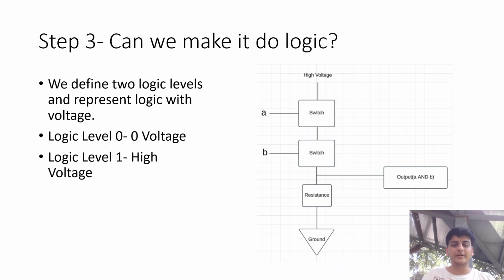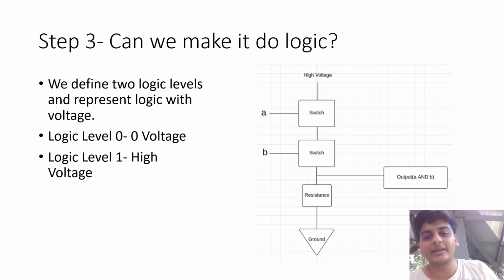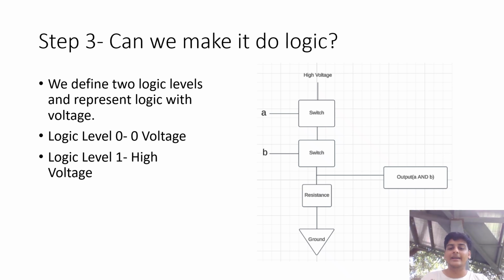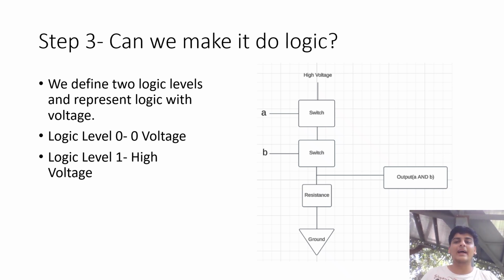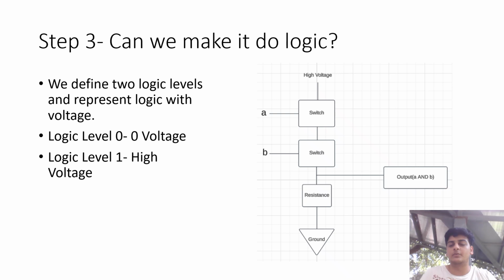Okay, so I want to give you a very short teaser on how we can use these switches to do logic. So I'm just going to try and construct with you an AND gate. For those of you who don't remember, AND logic is just something where the output is one only when both the inputs are one.